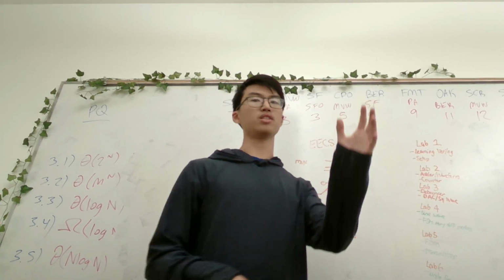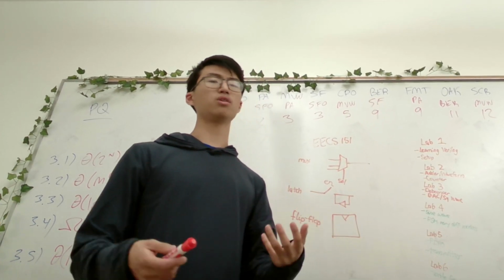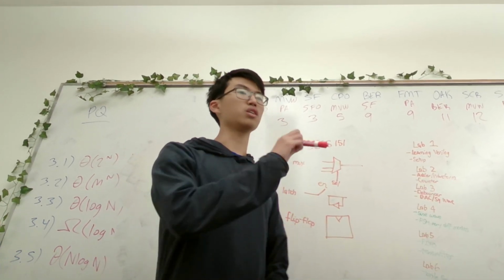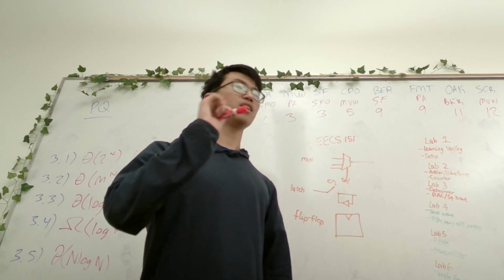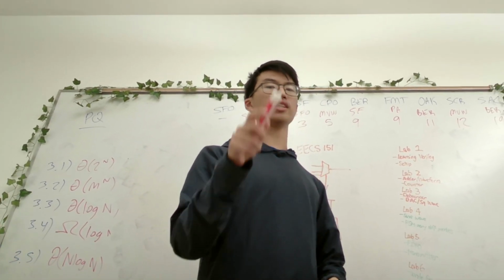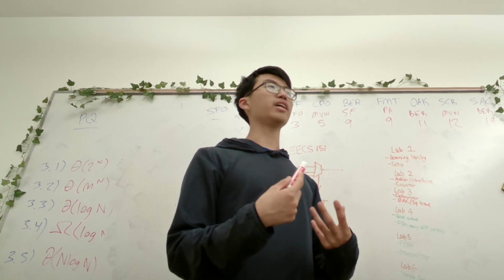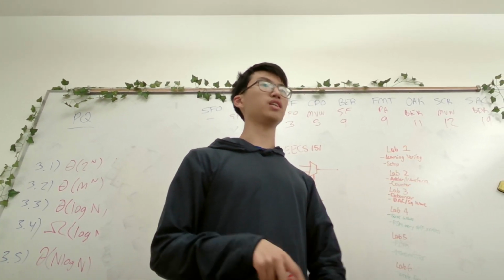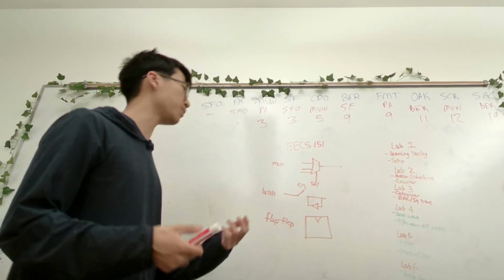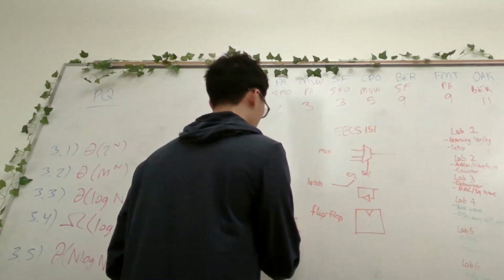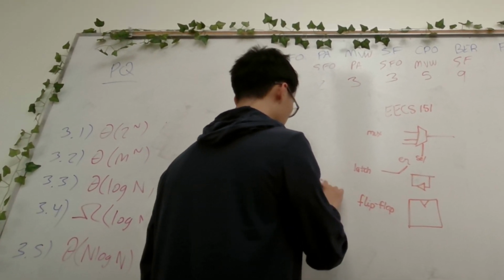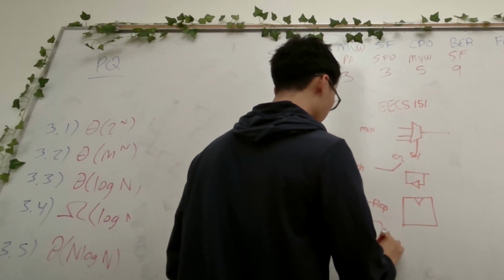You think your computer runs super fast, but you can still only run so fast, because your signal has to travel through a wire, and all these logic gates, the AND gates, the OR gates, the muxes, all take time. And when that happens, let's say I have your start and then you have your end.